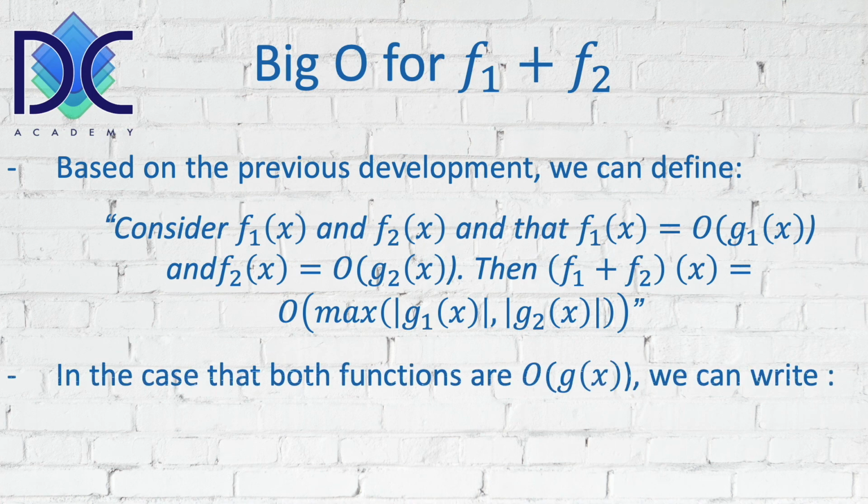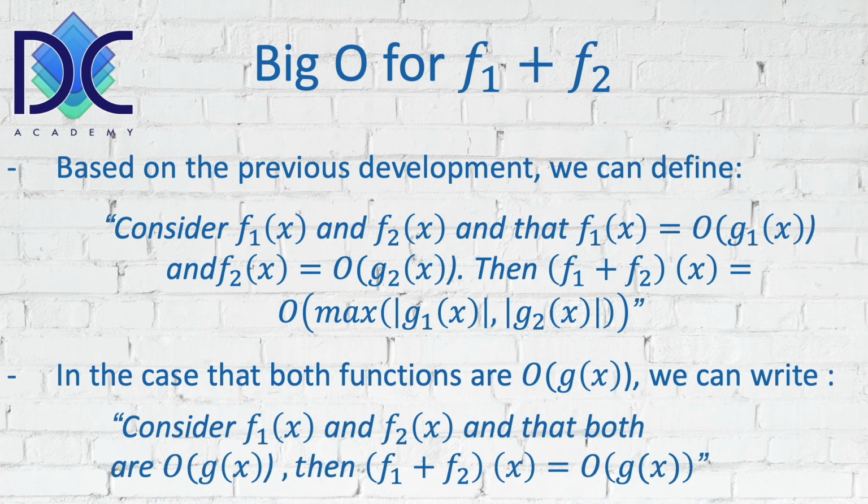When both functions are big O of g of x, then the maximum of g1 of x and g2 of x is g of x, so the big O of f1 plus f2 of x is big O of g of x, because g1 and g2 are in fact the same function. It would be like having two quadratic functions or two third-degree functions; the big O for both of them would be the same.